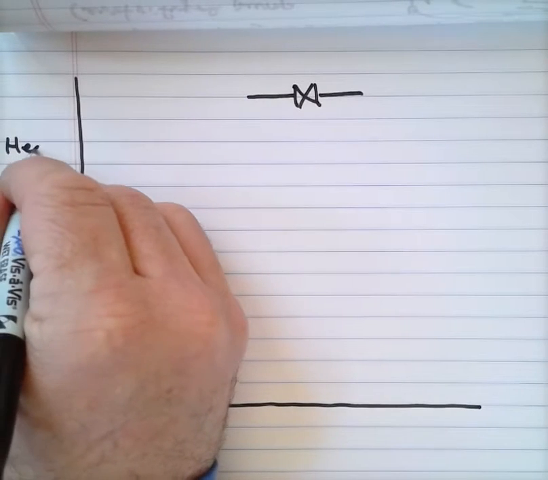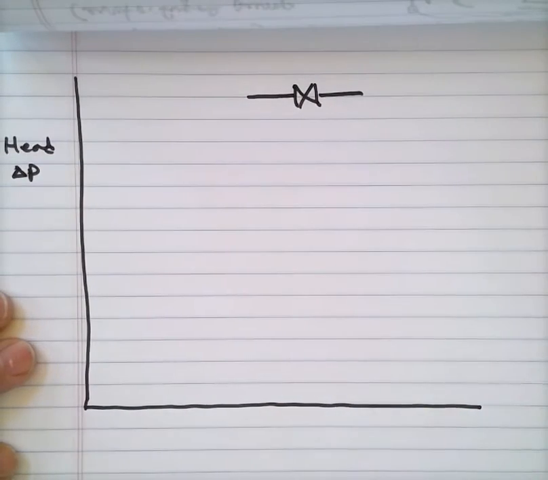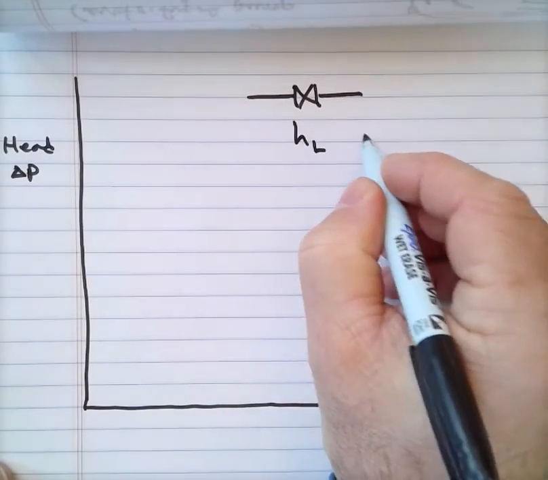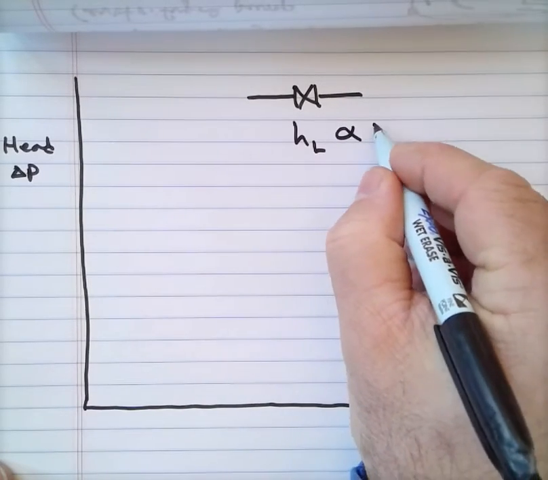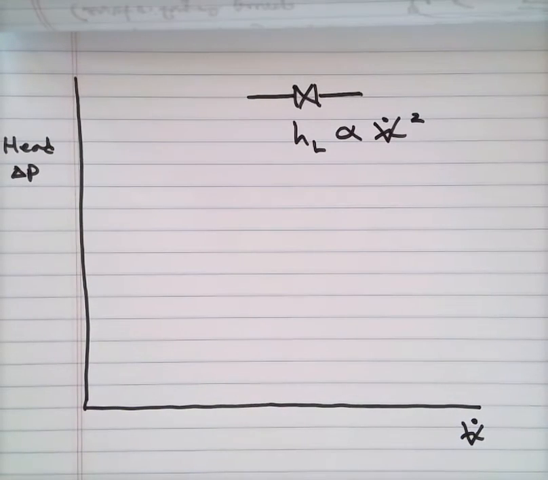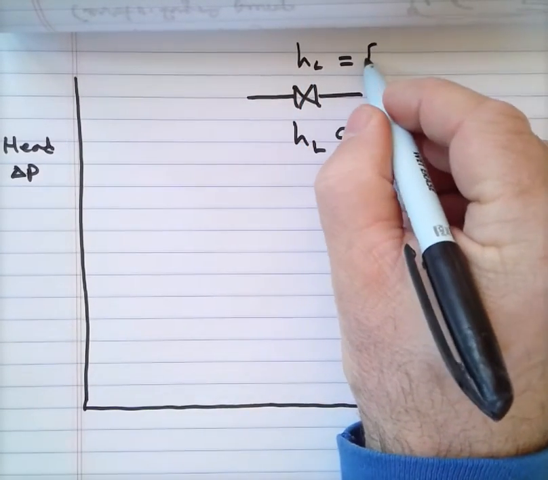Again, we'll have head, which also is a representation of decrease in pressure, versus volume flow rate. The equation is that head loss is proportional to volumetric flow rate squared. You may remember Darcy's equation, and this was for head loss in a pipe.